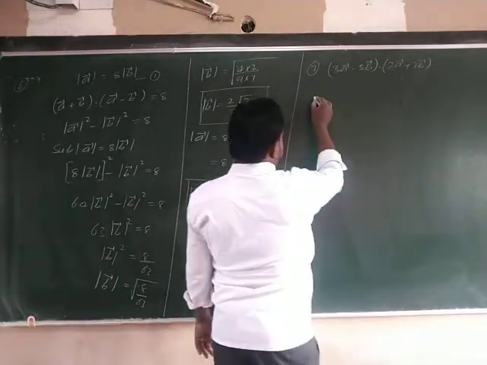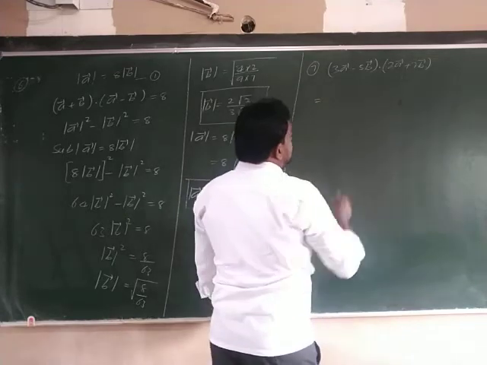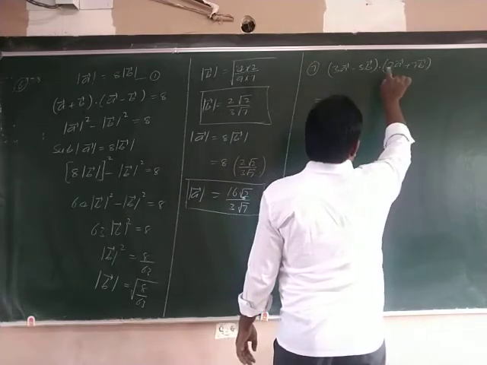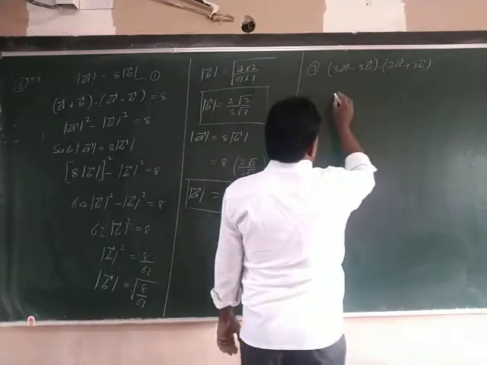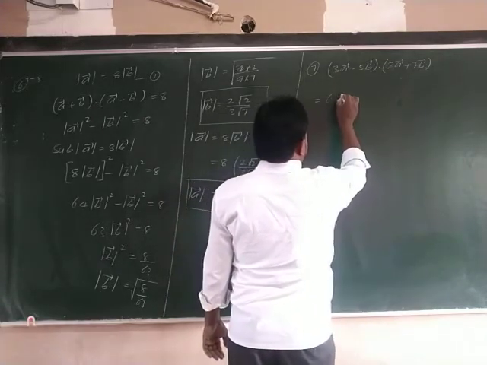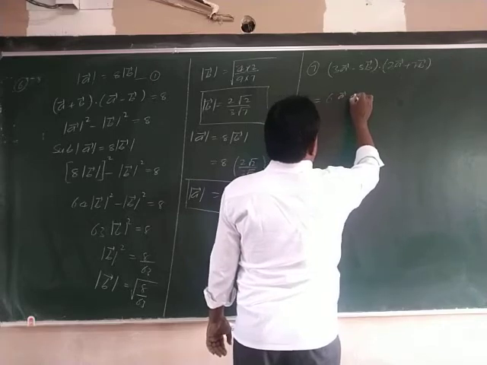So this is equal to: take the product 3 vector A into 2 vector A, that is 3 into 2, 6 into vector A dot vector A, right?